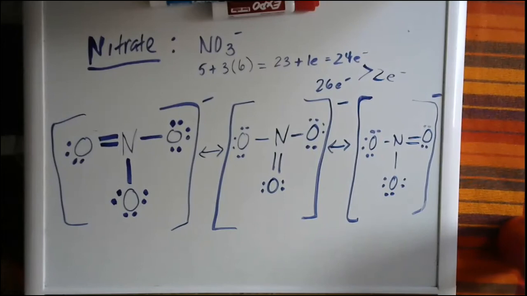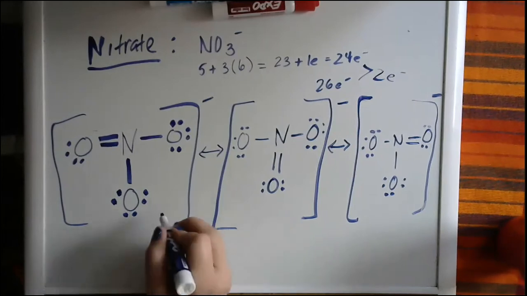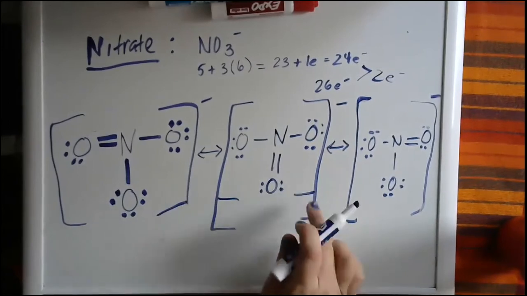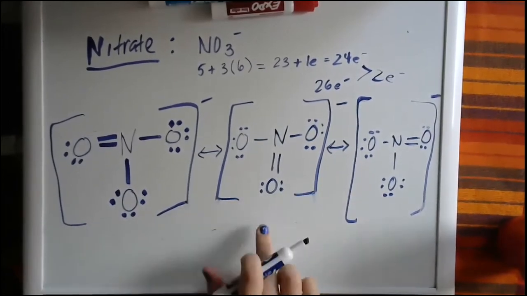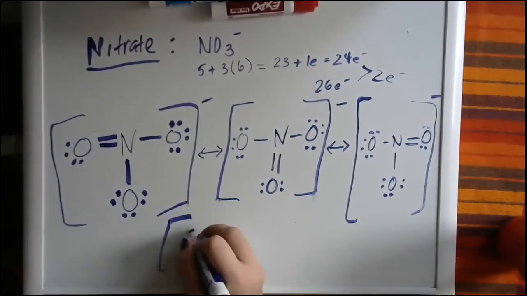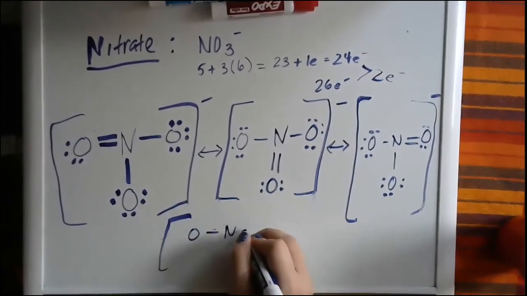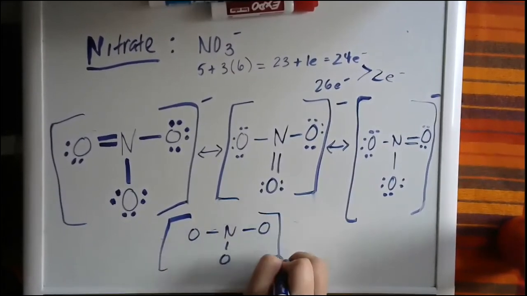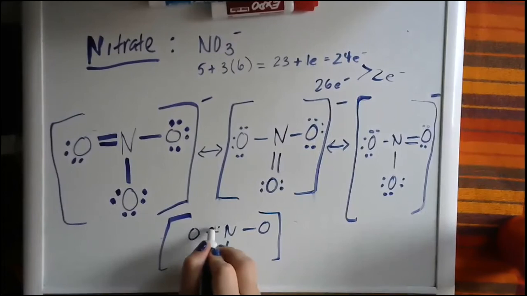All right. What that means is that you could make a resonance hybrid out of them. And let me shorten these brackets up a little bit so I can draw the hybrid underneath. And your resonance hybrid would look something like this.